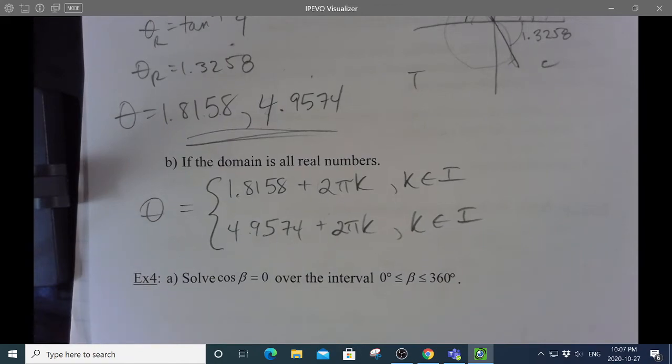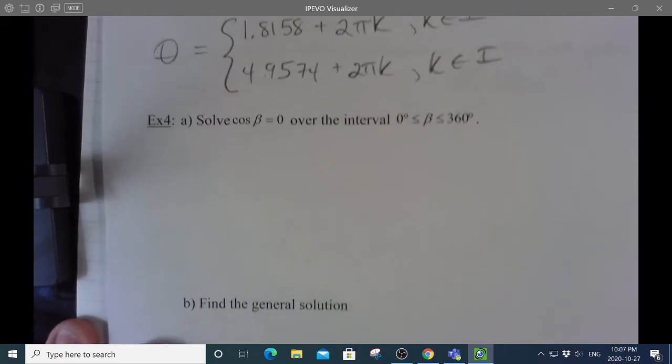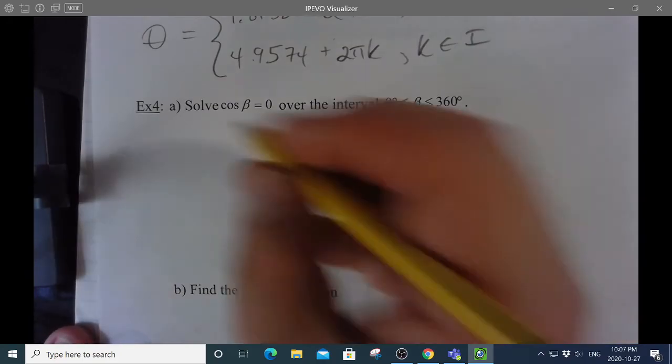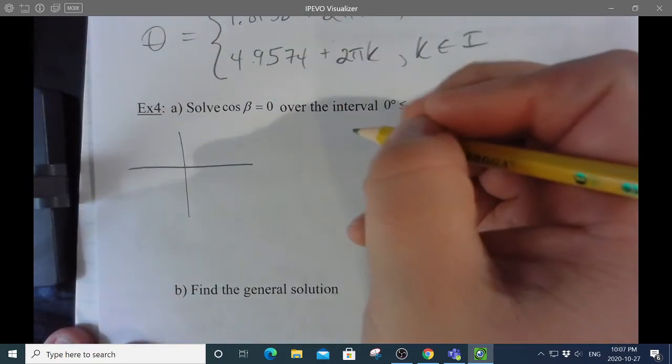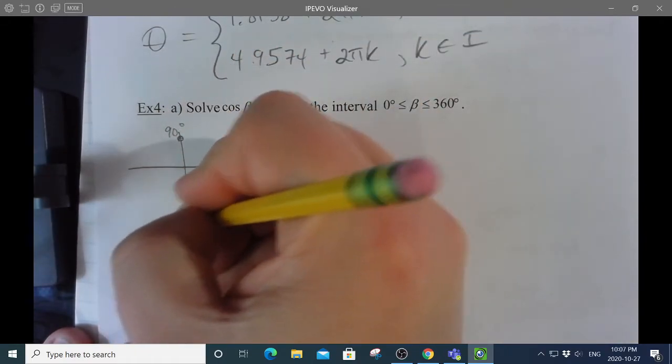Cool. All right. Solve for the cosine of beta. Ooh, throwing Greek letters at you. Fancy. Solve for cosine of beta equals 0 over the interval from 0 to 360 degrees. So, all right. Where's cosine 0? Cosine 0 when x is 0, which happens at, we're in degrees now, 90 degrees and 270 degrees.